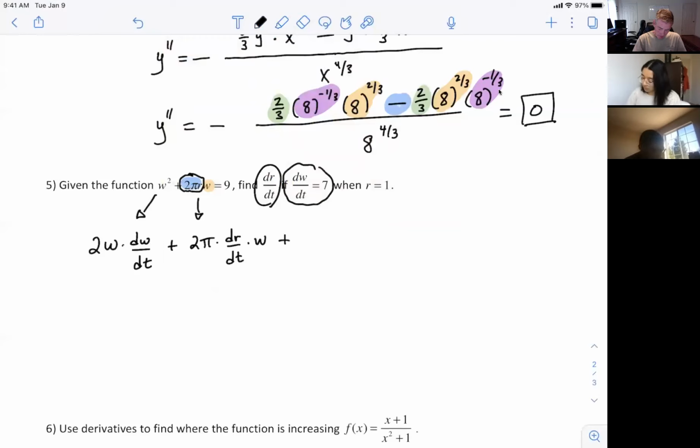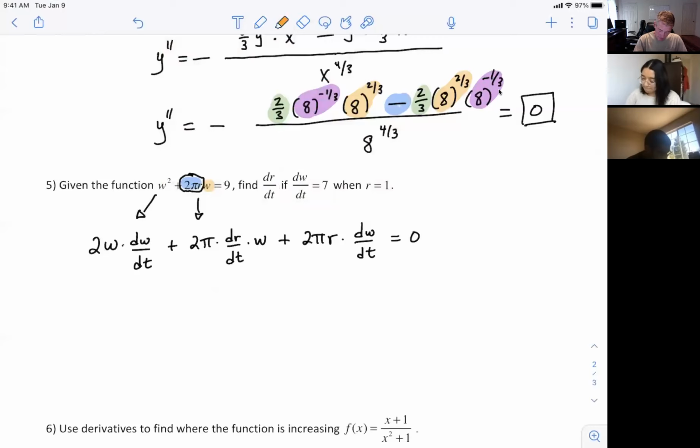Plus, now leave the 2 pi r alone, and now take the derivative of w, so derivative of w with respect to t. And on the right side, the derivative of 9 is 0. So then it's time to plug in the numbers.